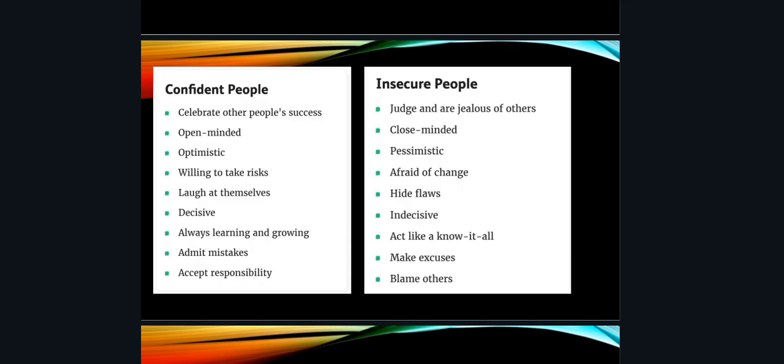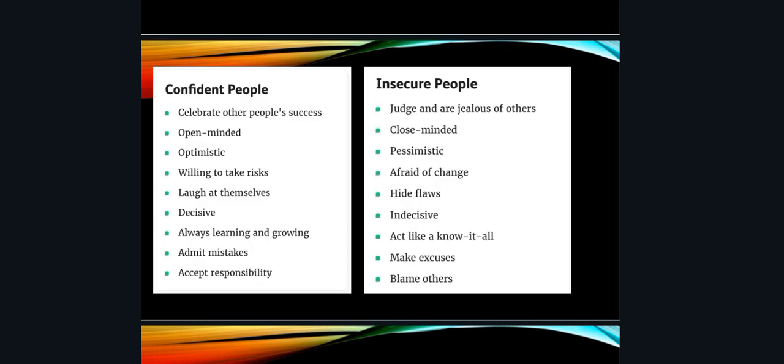So insecure people judge and are jealous of others, close minded, pessimistic, afraid of change, hide flaws, indecisive, act like a know-it-all, make excuses, blame others. They always judge others. They are close minded. They don't think about doing something better or creative.